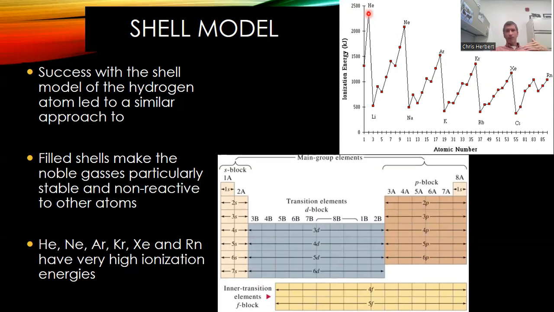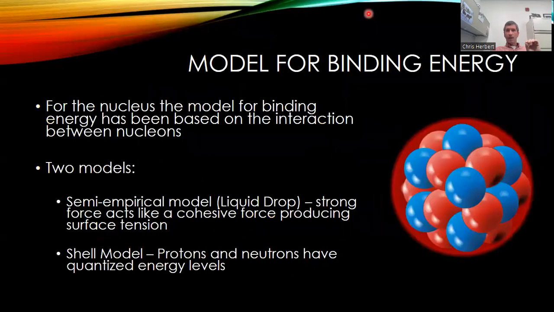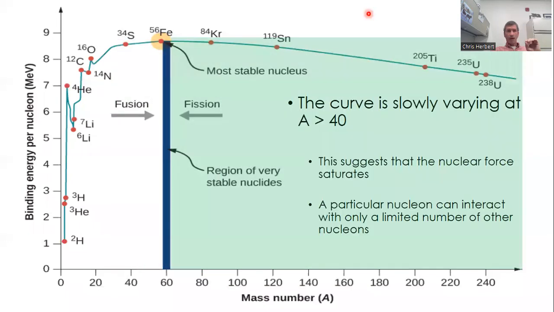But if we again build up this idea that we can fill up levels and that no two particles can have the same energy level, same wave function, then we can come up with a similar model to what we saw before. The shell model is very, very good at helping us understand some of these different peaks.